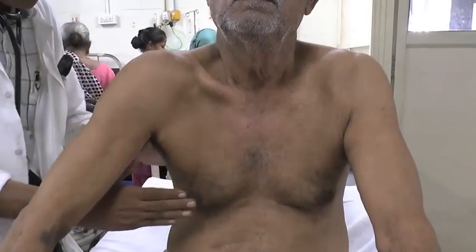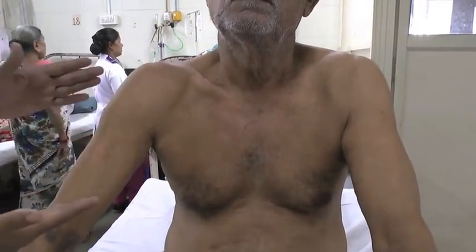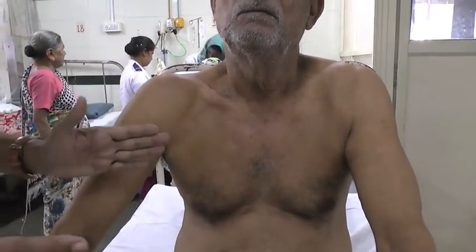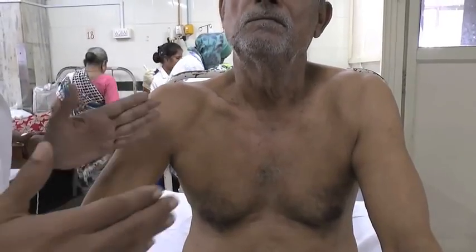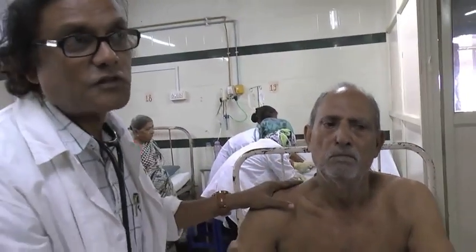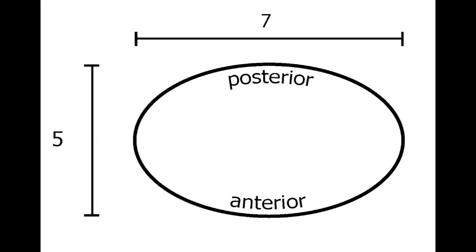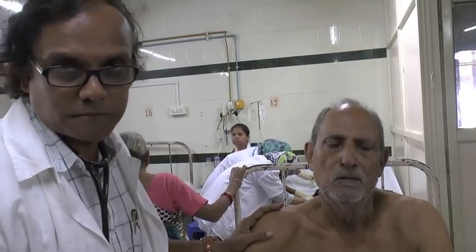So this would give you a rough estimate. In a normal person, the transverse measurement would be more than the anterior-posterior in a ratio of about 7:5. Here it is almost the same. So the anterior-posterior diameter is increased, which would suggest that he is having emphysema.